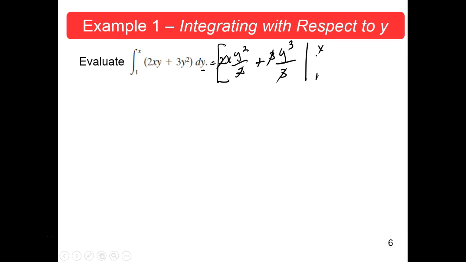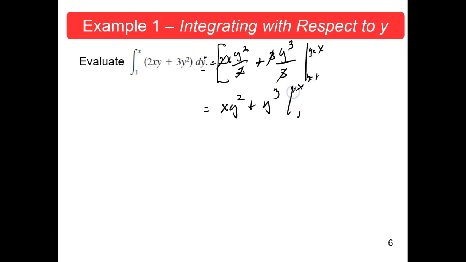So let me write that down again without the scratches in it. xy squared plus y cubed evaluated from 1 to x. Now these are values for y. Y equal x, y equal 1.